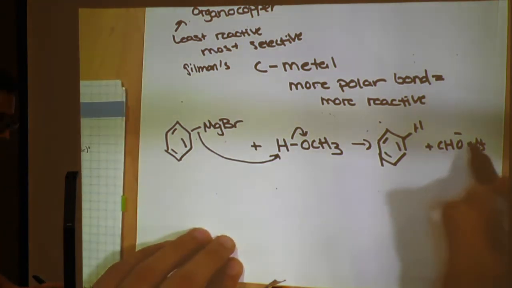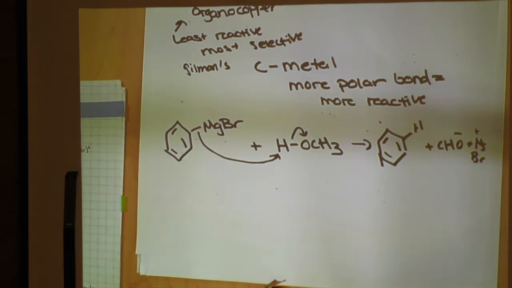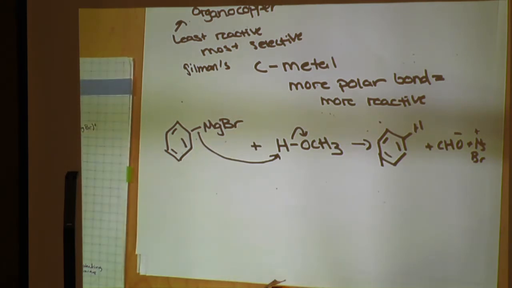Well, not bonded, they're ions. Right? So as a base, it's very simple. Wherever the H is on the electronegative atom, cleave that bond, the H goes to the electronegative atom, and then you swap out the Grignard reagent with the proton.